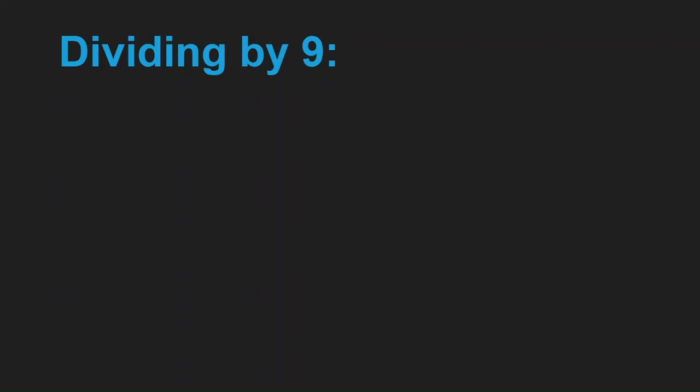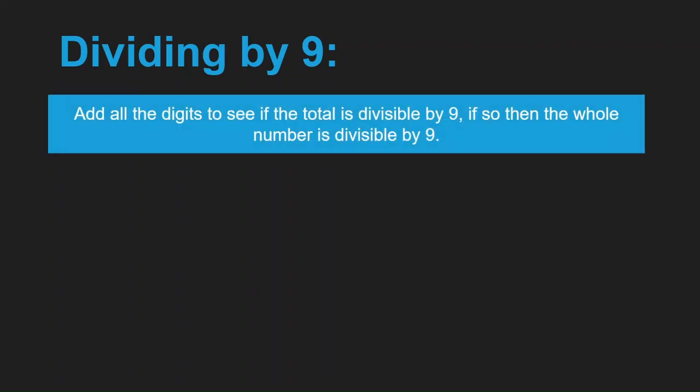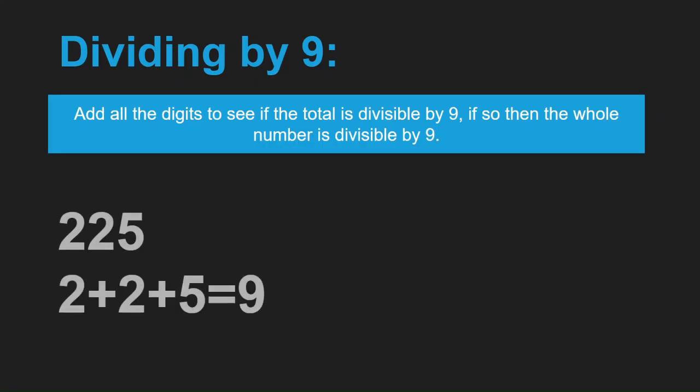We're going to skip a few numbers. We're going to go to 9. 9 is not too hard. We're adding up all the digits to see if the total is divisible by 9. If so, the whole number is divisible by 9. So this is very similar to the dividing by 3 rule, but now we're using the digit 9. So we're adding everything up. 225, 2 plus 2 plus 5 equals 9. 9 can be divided by 9, right?